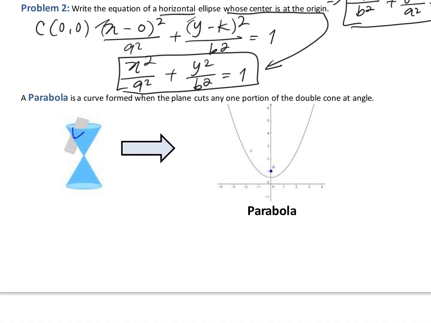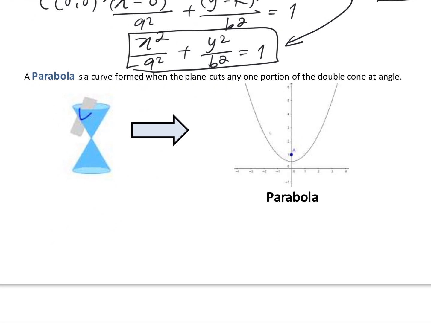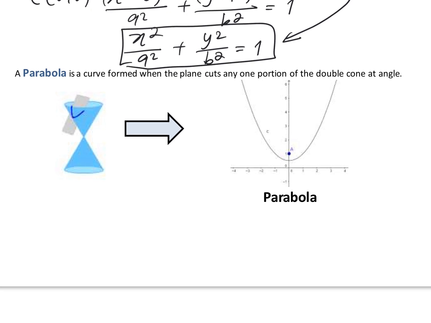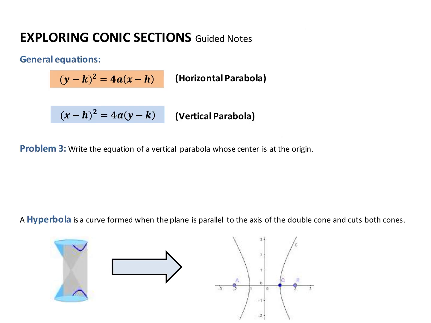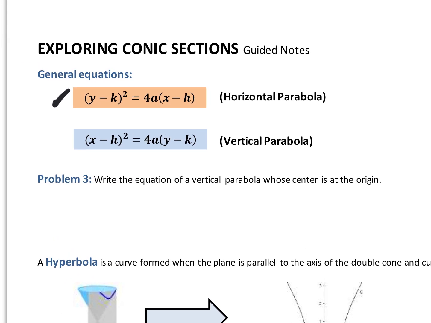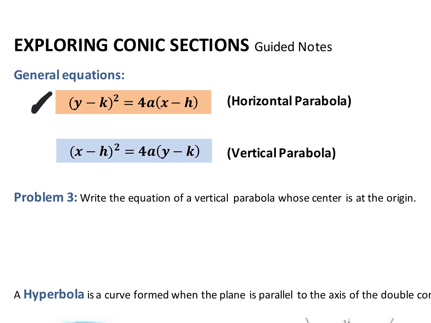Okay, so let's look at the parabola. A parabola is a curve formed when the plane cuts at any one portion of the double cone at an angle. So the general equation for a horizontal parabola is characterized by (y - k)^2 = 4a(x - h), while your vertical parabola is characterized by (x - h)^2 = 4a(y - k).